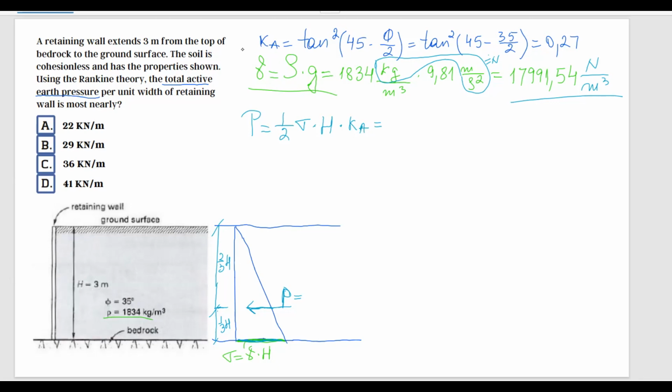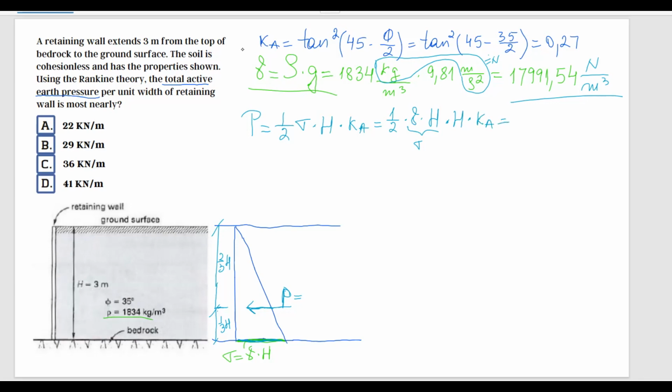Now let's substitute everything. I have 1/2 multiplied by sigma, which is gamma multiplied by the height. So this value here is sigma. Now we move forward: multiplied by height again and multiplied by Ka.